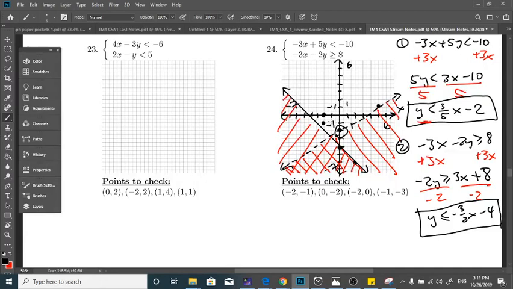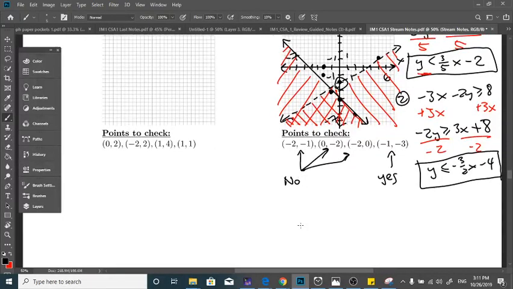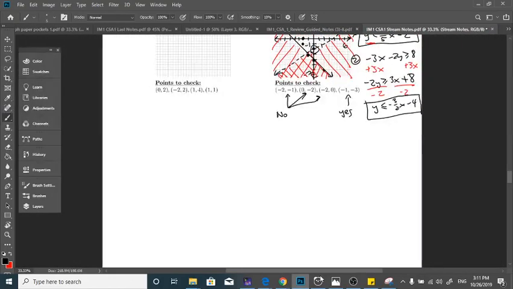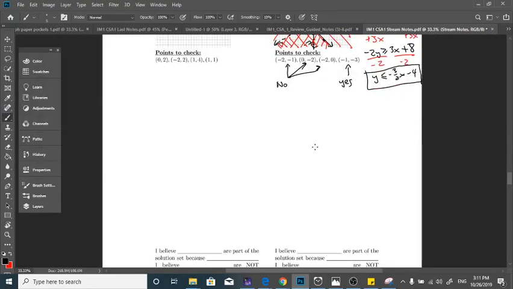Alright, -1 and then -3. Right here. Is it in the solution set? Yes. And then I'll zoom slightly out so that I can kind of get those.